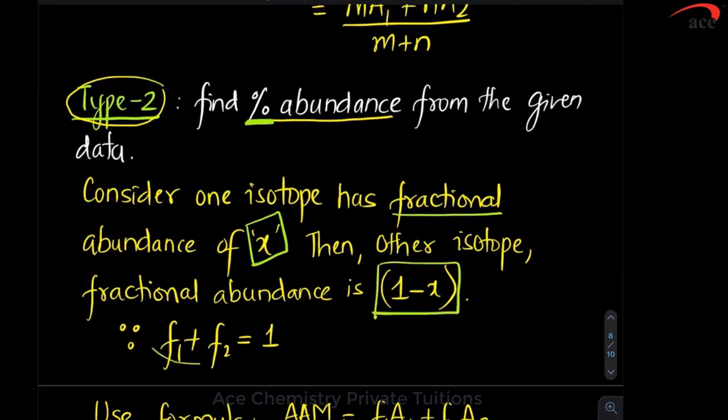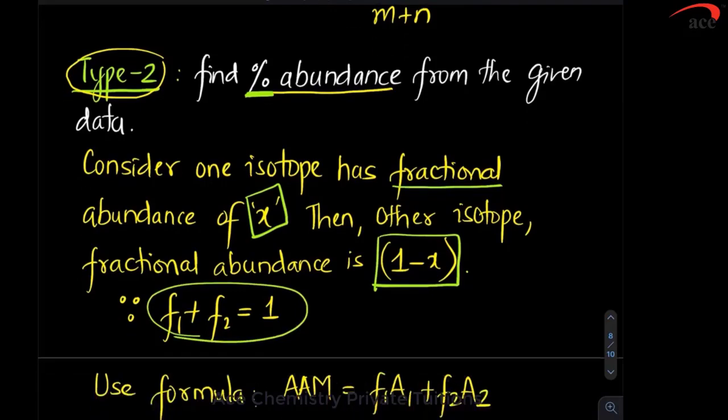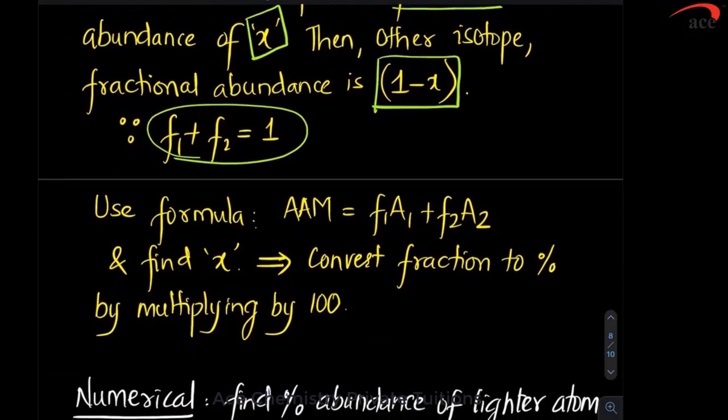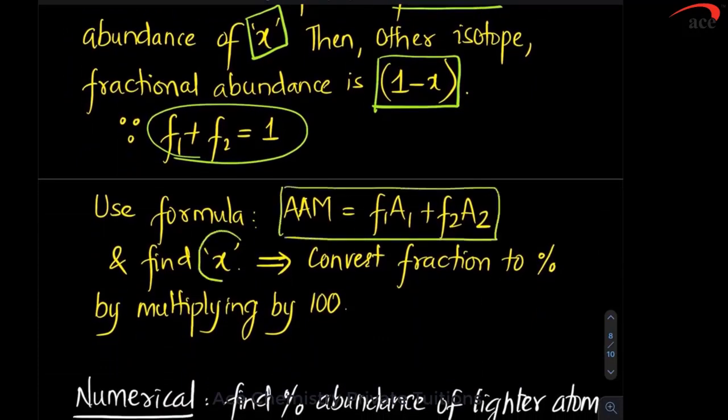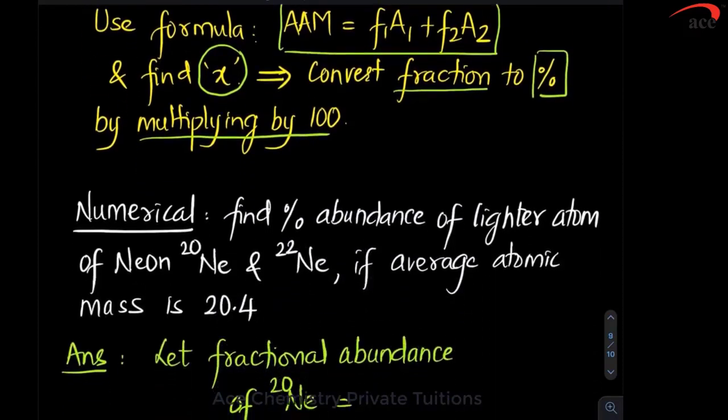The other fraction will be 1 minus x, because you know the sum of the fractional abundances is 1. This method is convenient when two isotopes are involved. Then use this formula, substitute the data, calculate the value of x, which will be a decimal number or a fraction. Multiply that fraction by 100, and you will get the percentage.